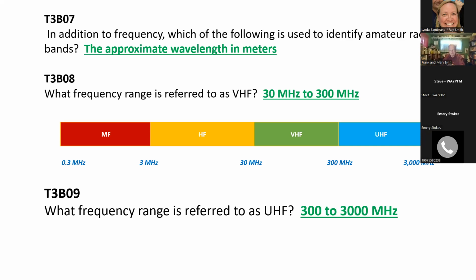It'd be 3,000 megahertz to 30,000 megahertz. Now you're getting up into the gigahertz. For example, 3,000 megahertz is 3 gigahertz, just so you know. Okay, what frequency range is referred to as UHF? Well, we see it right here, 300 to 3,000 megahertz.